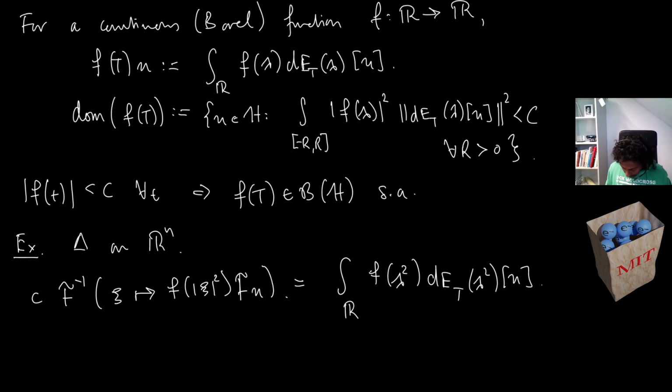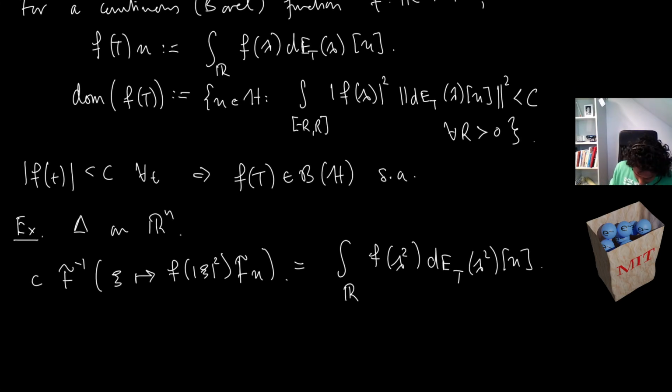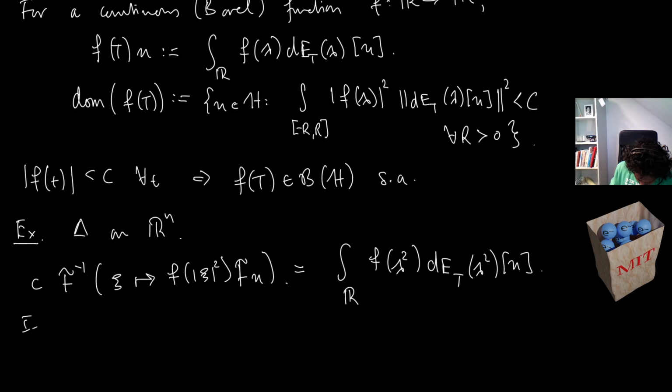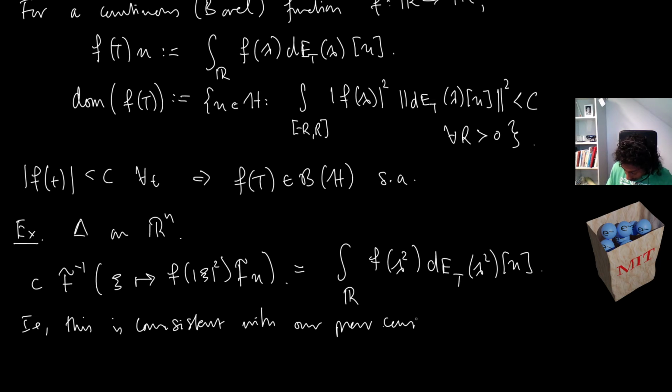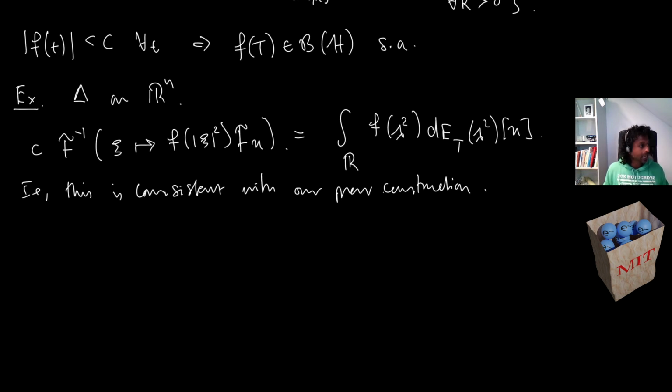I don't want to get into too much of it, but I just want to say that it's consistent, i.e., this is consistent with our previous construction. I don't want to say more than that.